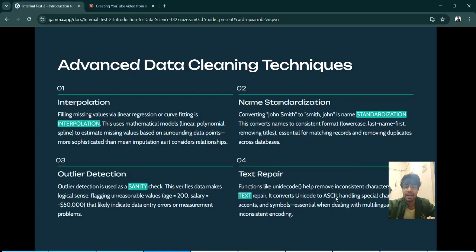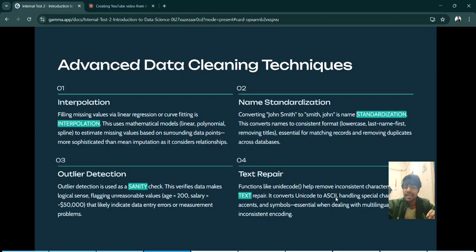So question number nine, outlier detection. Outlier detection is often used as a blank check. So the answer is a sanity check, quality check or validation check. A sanity check verifies whether your data makes logical sense.